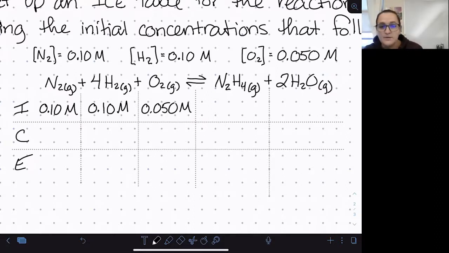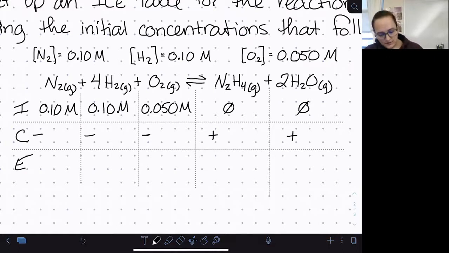And we're not told anything about the products being present, so we can assume that we have none of those to begin with. Since we have no product present in our system initially, we're going to need to create some in order to get to equilibrium. So those product concentrations are going to increase as our reaction approaches equilibrium, and our reactant concentrations are going to decrease. We need to consume reactant in order to produce product.